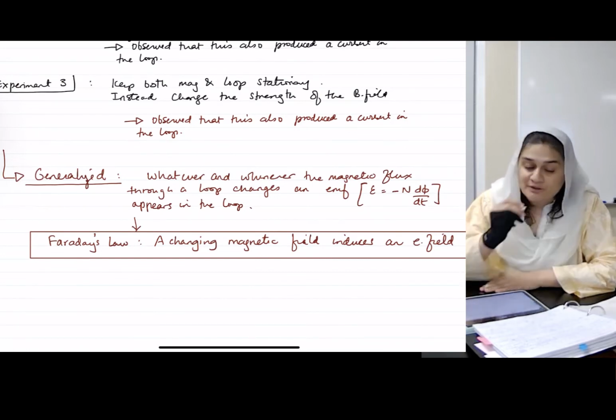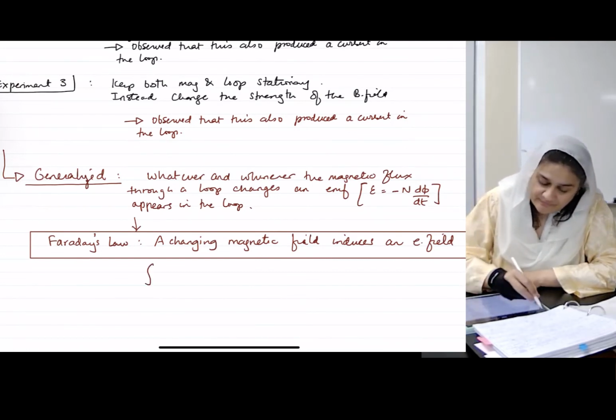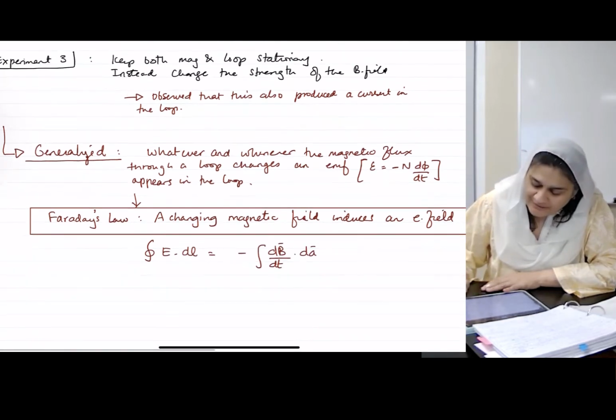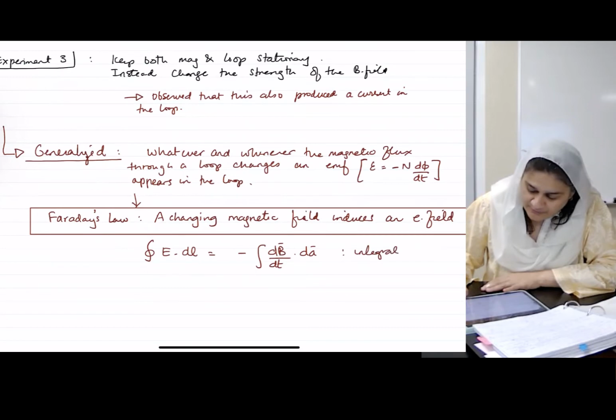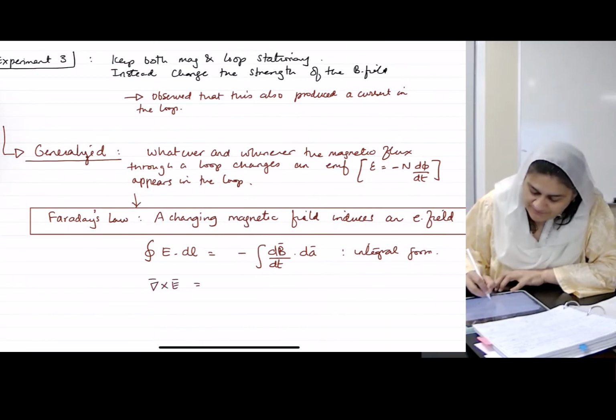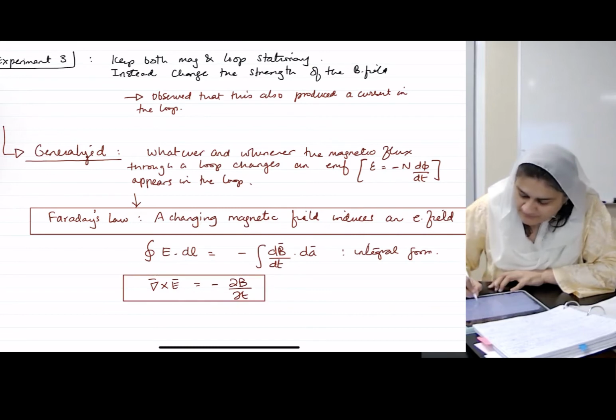And it's mostly written as the integral of E dot dl equals negative dB over dt dot dA, in integral form, or written as del cross E equals negative partial B over partial t in differential form.